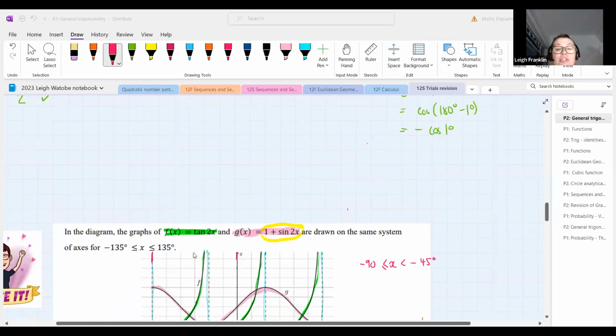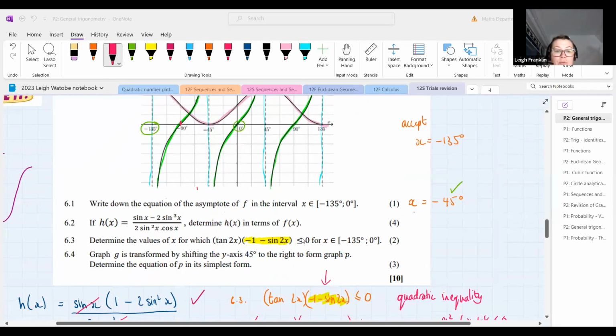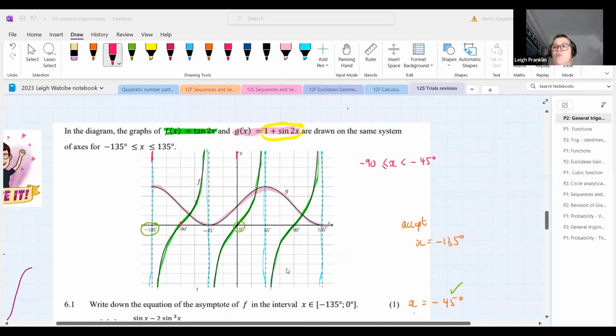Now remember, G is our sine curve. By shifting the y-axis 45 degrees to the right, what happens to the graph of G if the axes move 45 degrees to the right?